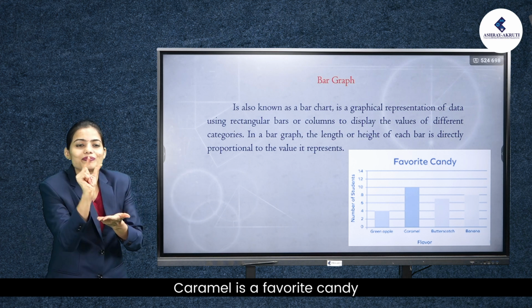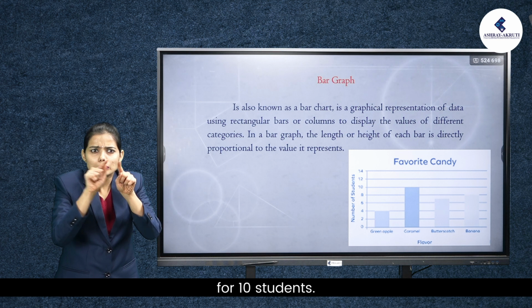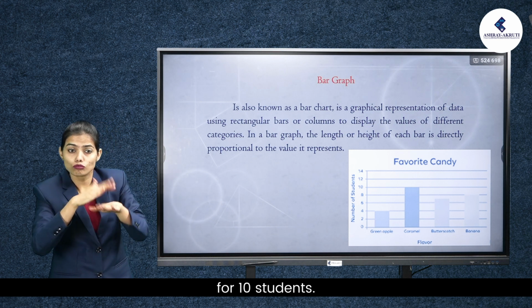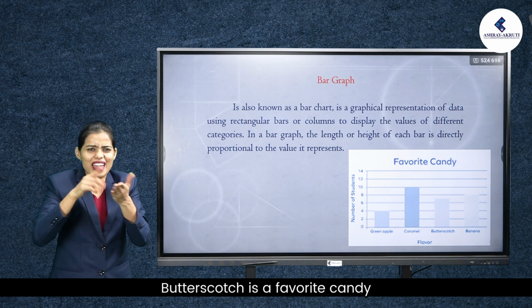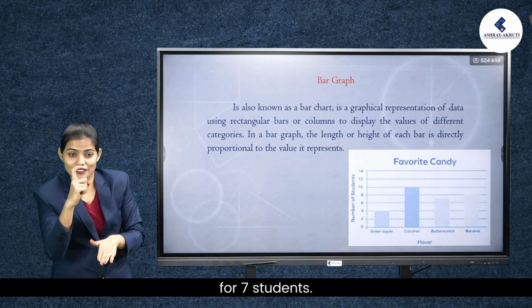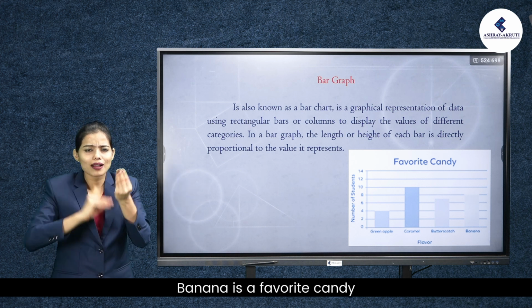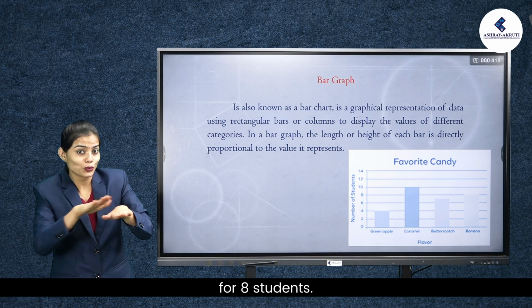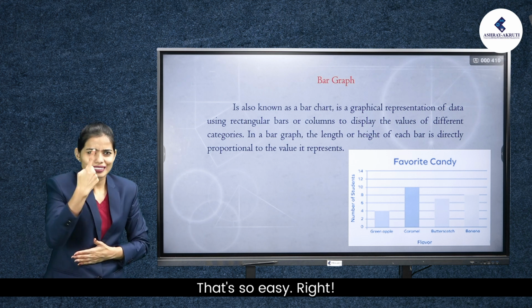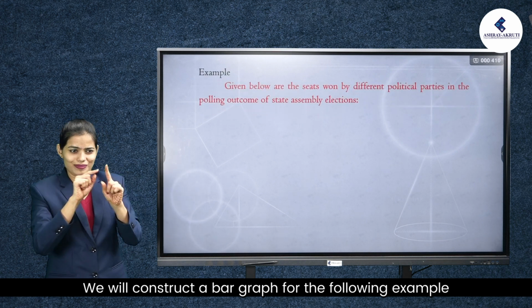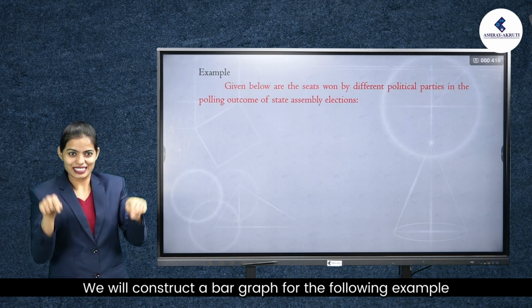Caramel is a favorite candy for 10 students. Butterscotch is a favorite candy for 7 students. Banana is a favorite candy for 8 students. That's so easy, right?